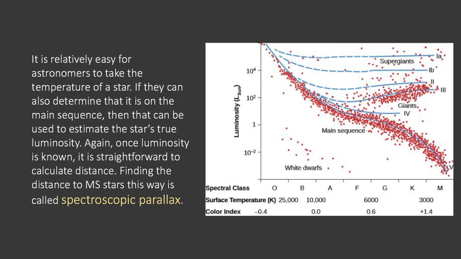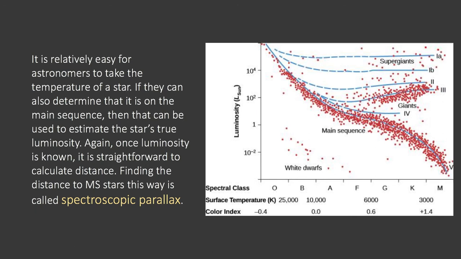All right, so the last way that we have to determine the distance of a star is through its temperature. We already talked about how taking the temperature of a star is relatively easy because of the relationship that Annie Cannon showed us, that temperature is directly related to the light spectrum.